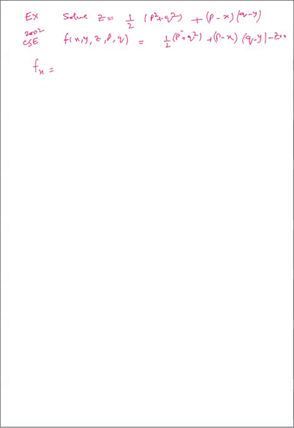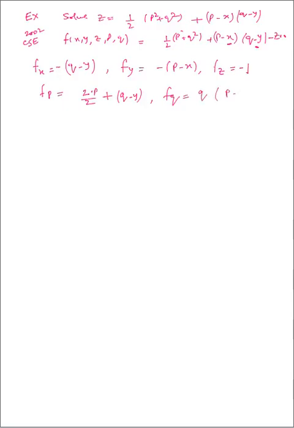So fx is, from here, we find (q minus y) into minus 1. fy, from here, is minus (p minus x), then fz is minus 1, fp is 2p upon 2 plus q minus y, and fq is q into p minus x.